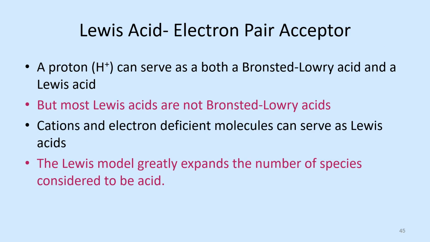Similarly, a Lewis acid is an electron pair acceptor. If we think of the Bronsted-Lowry acid, it's a proton donor, something that has a proton and gives it away. But you can also think of it this way: once that hydrogen is given away, these electron pairs only belong to the molecule because the hydrogen has left.